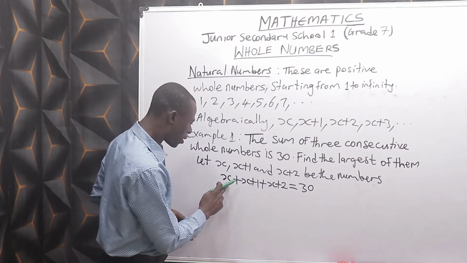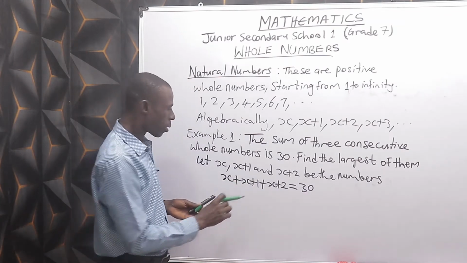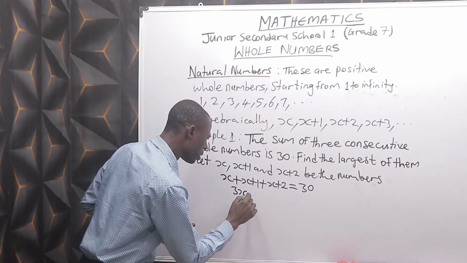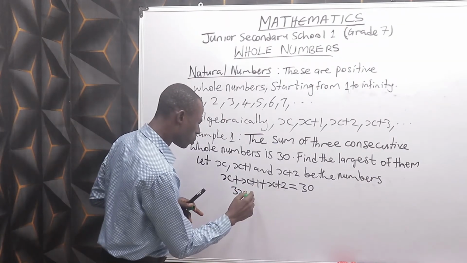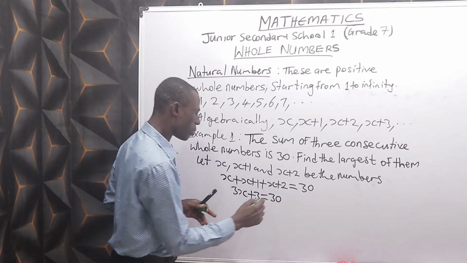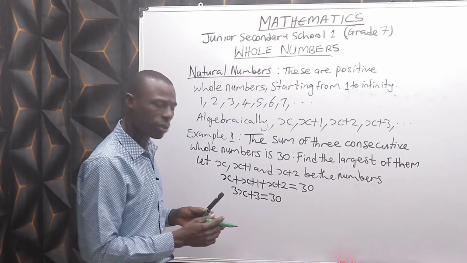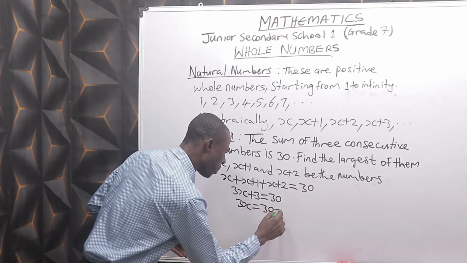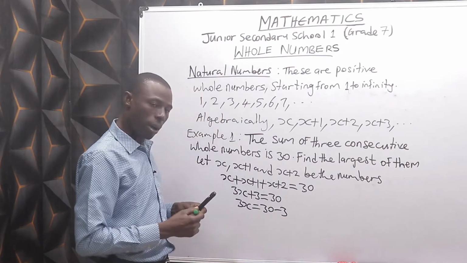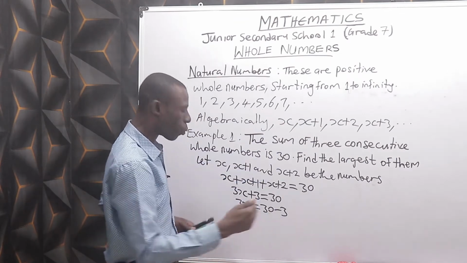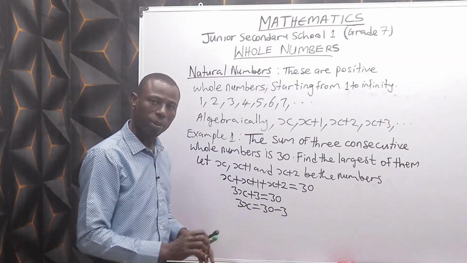From here, x plus x is 2x, plus x is 3x. So we have 3x. 1 plus 2, that's 3, which is equal to 30. Collecting the like terms, we have 3x equals 30 minus 3. Remember, when you take positive 3 from this side to the other side of the equation, it will change the arithmetic sign.